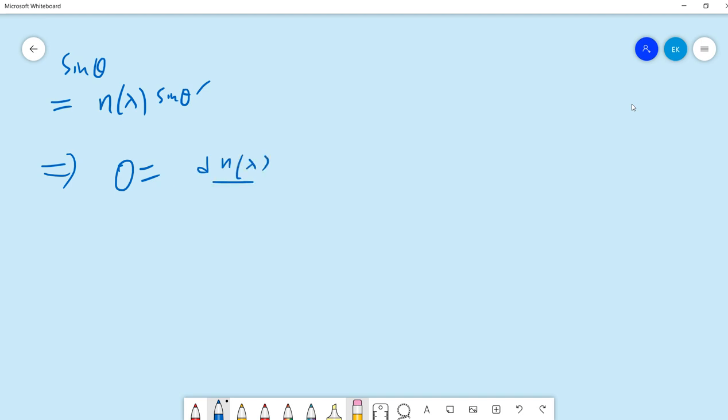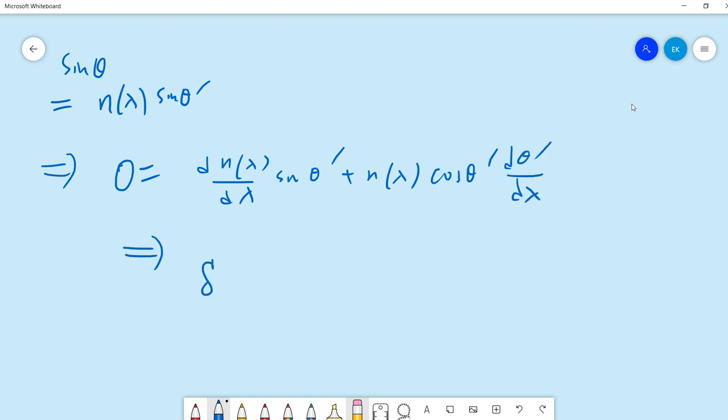You get dn d lambda sin theta prime plus n lambda cosine theta prime d theta prime divided by d lambda. So you get the delta theta prime. I think it's this one.